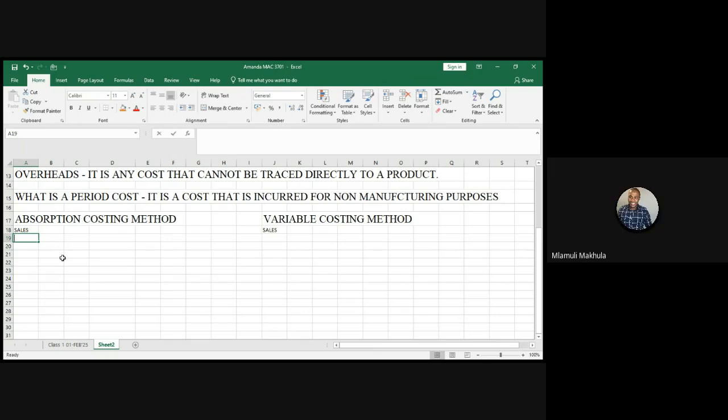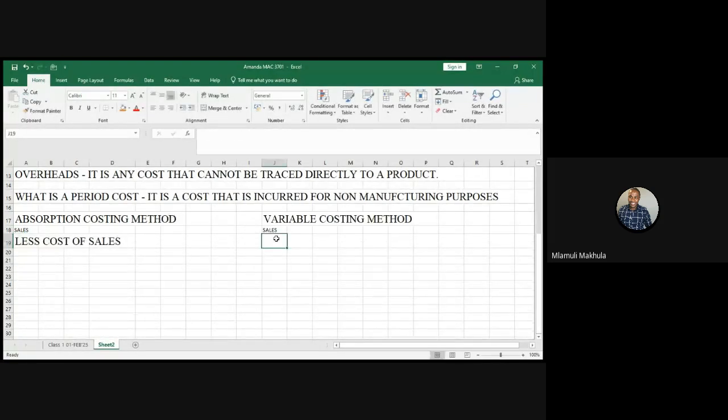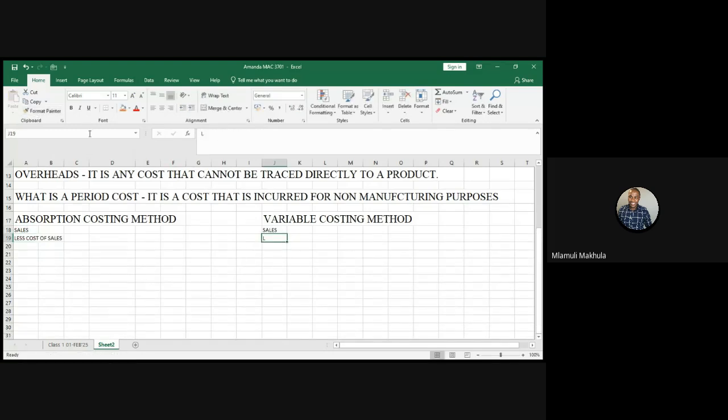Here you will have less cost of sales. However, this side you will have less variable manufacturing cost, or you can say variable cost of sales if you want.